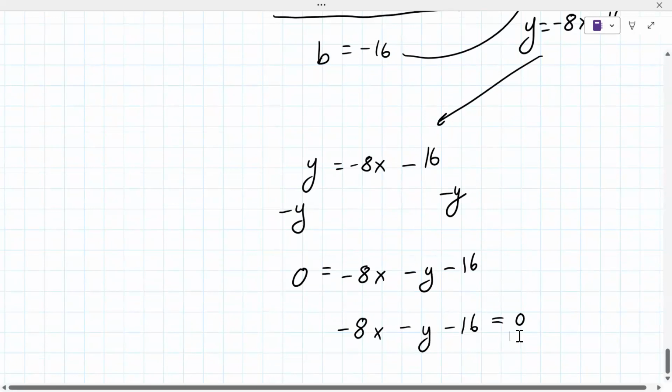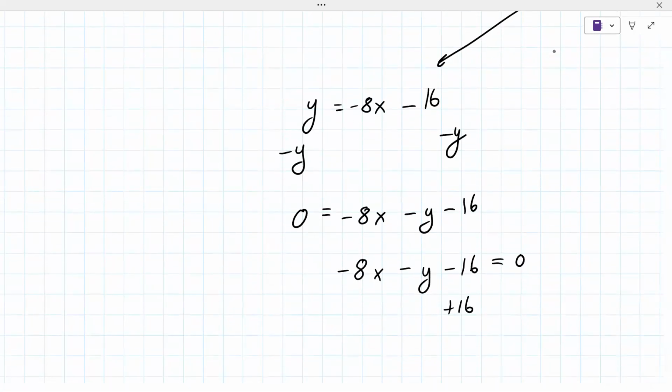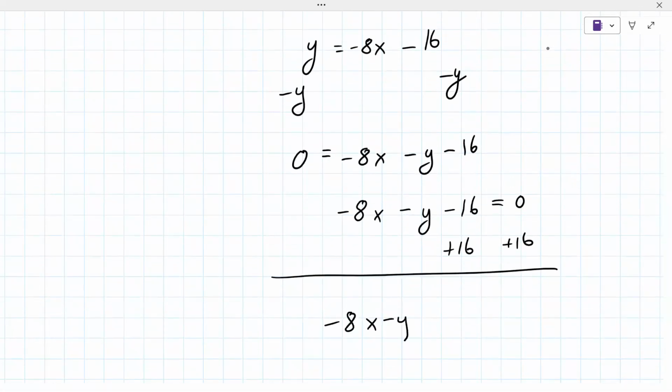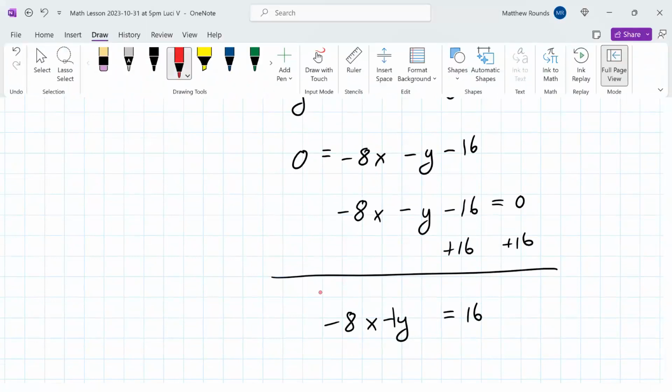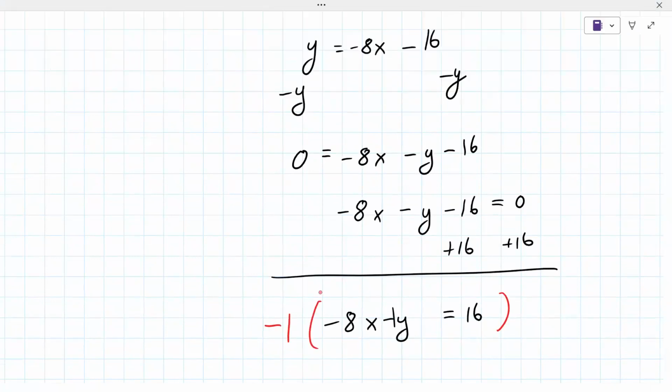So how do you do that? What's the math operation to move it right this time? You would add 16 to both sides. Very good. All right, so here's your final line here, or so it appears. There's one problem with this. The problem is that the leading term has to be positive. So to change the signs, you multiply everything by -1, which effectively changes the signs on everything.